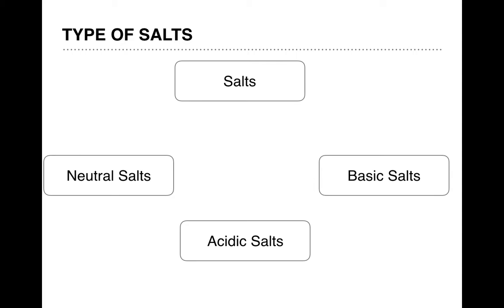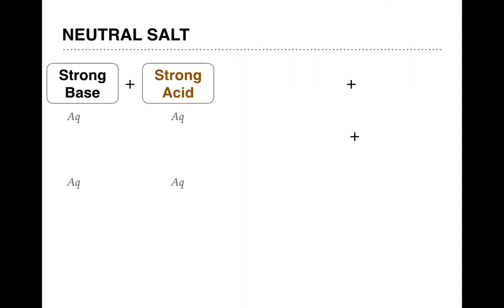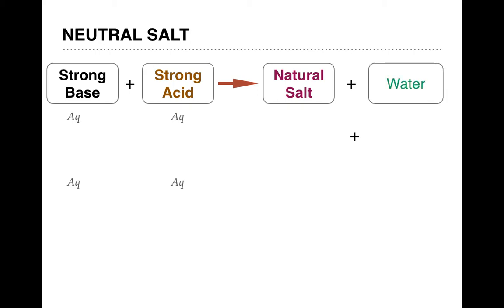Now what is a neutral salt, what is an acidic salt, and what are basic salts? In order to understand this, we need a basic understanding. If a strong base and a strong acid react, neutral salt will be produced. So a strong base has to react with a strong acid, and neutral salt and water will be produced.